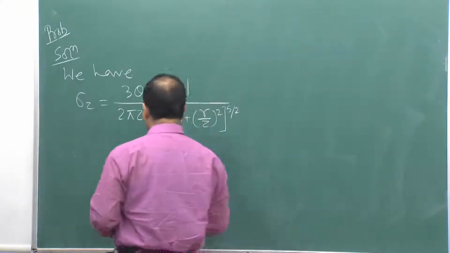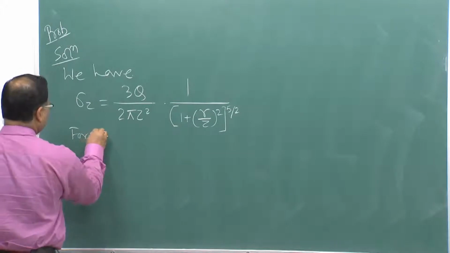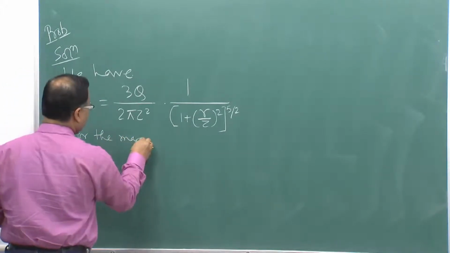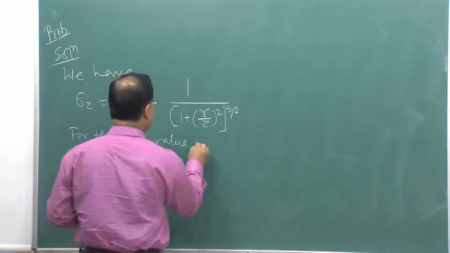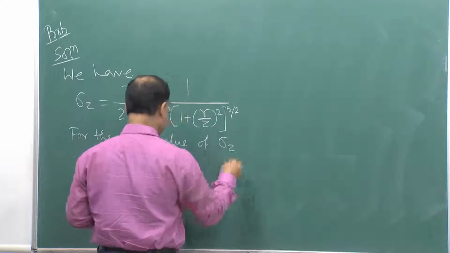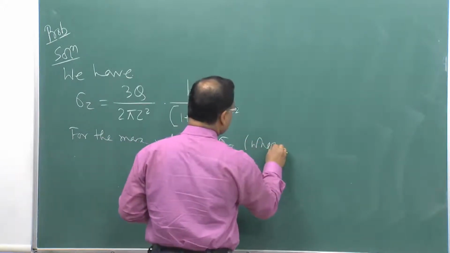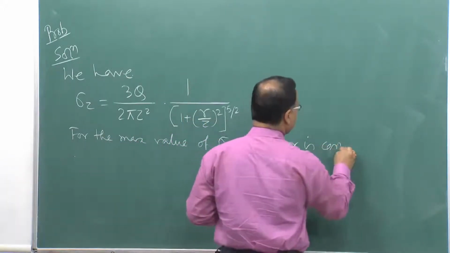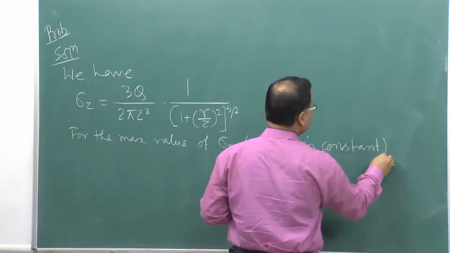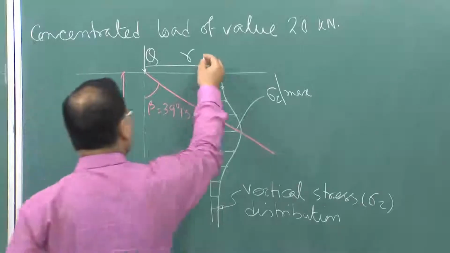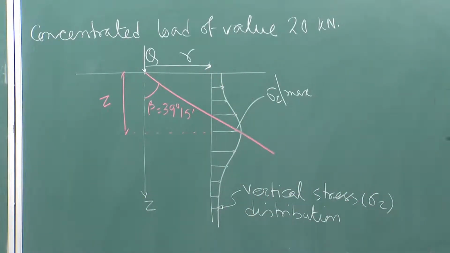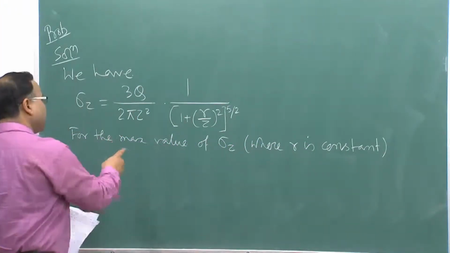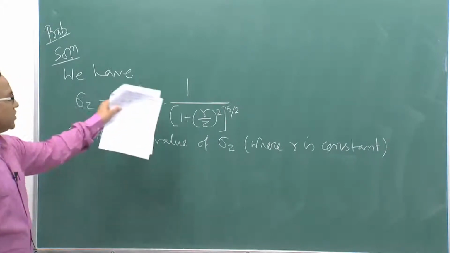Now, for the maximum value of sigma z where r is constant. That means if you consider this vertical section, your r is constant, all the times r is same, right. So, r is constant. So, how I will get the maximum value of sigma z? So, this is the expression of sigma z.